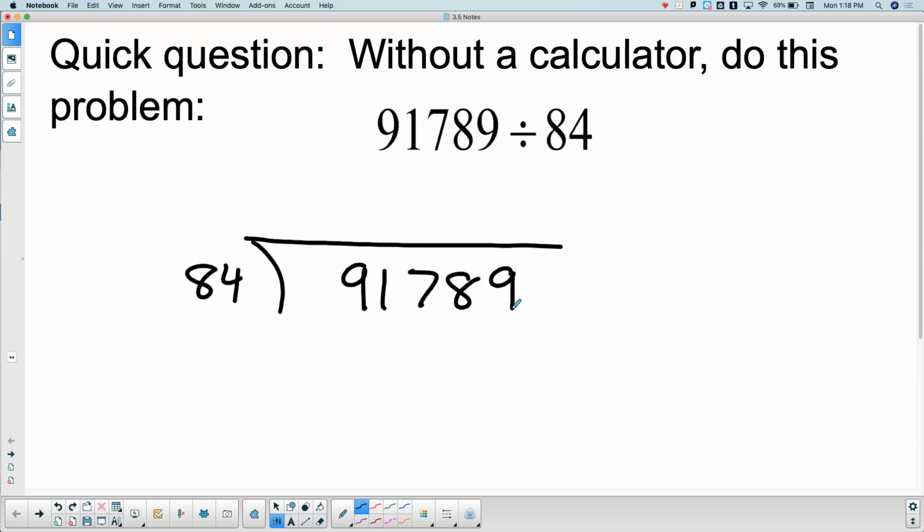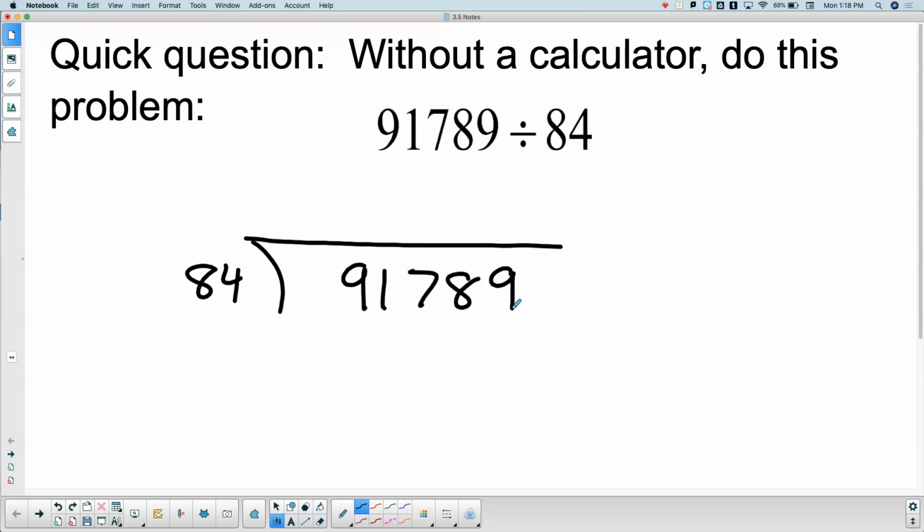Pick somebody. It can't. Yep, exactly. Okay, so that'd be a 0. So do I have to write a leading 0? No, don't have to write a leading 0. Okay, so then what?